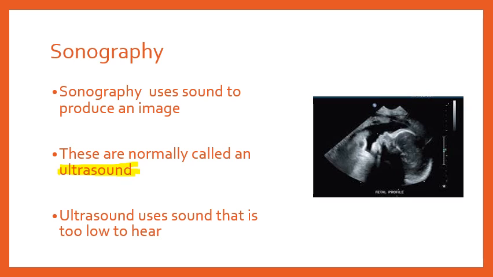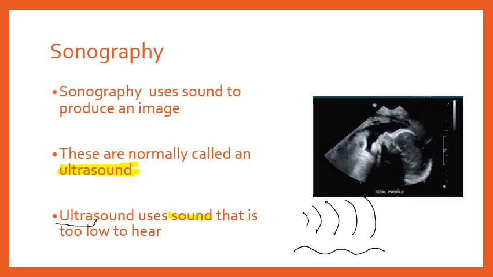But essentially what we're doing here is we are using sound in order to get a picture. And I know that may sound weird, but sound is just a wave, same as light. Light is just a wave. And so they work very, very similar. And that means that we can actually use sound waves in order to generate images.